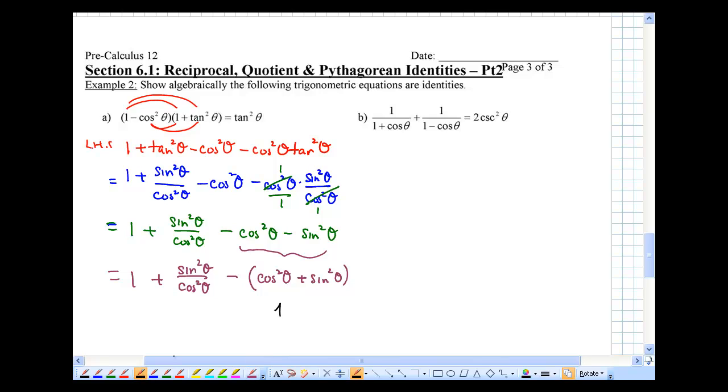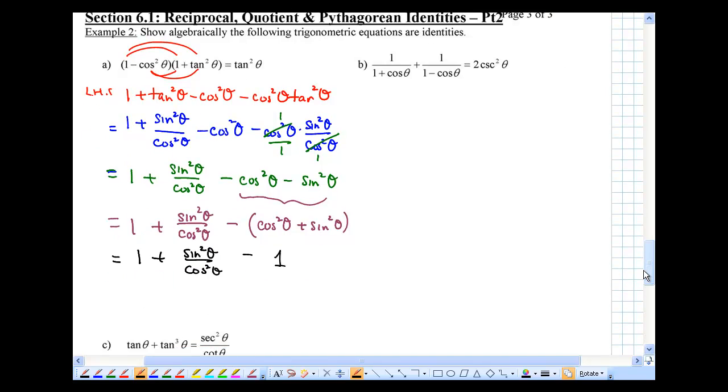That's just equal to 1, so yeah, 1 plus sine squared theta over cosine squared theta minus 1, and that just simplifies to sine squared theta over cosine squared theta, and that's tangent squared theta. Done.